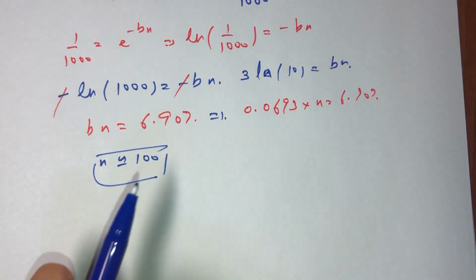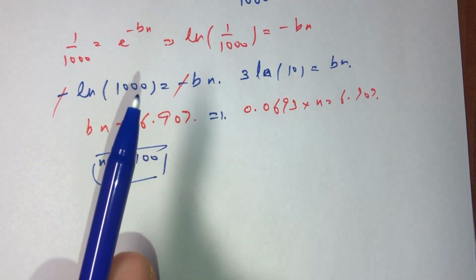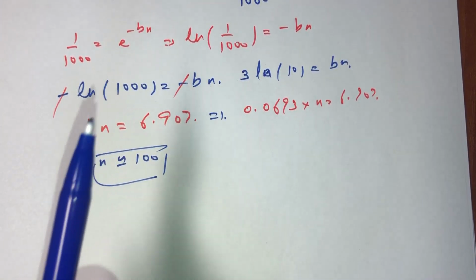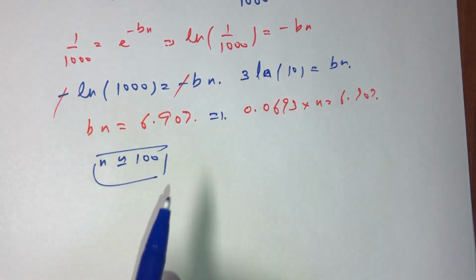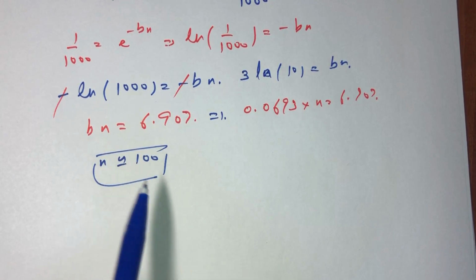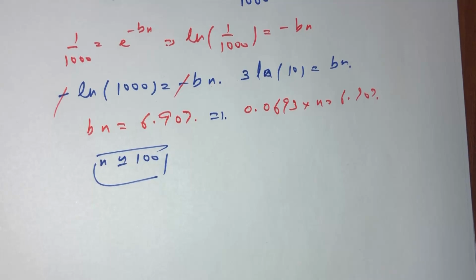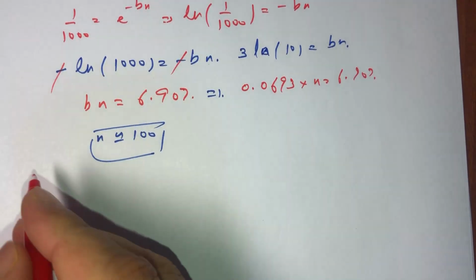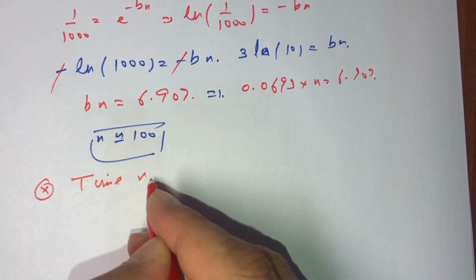So it means when the number of oscillations is 100, the amplitude drops to A naught over 1000. So we are able to find the number of oscillations. Therefore, the time required for 100 oscillations.